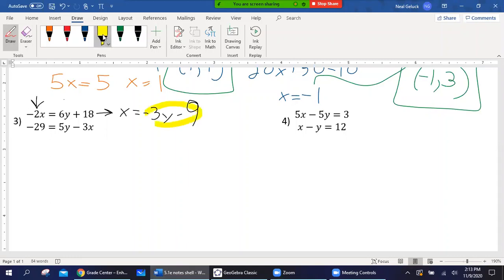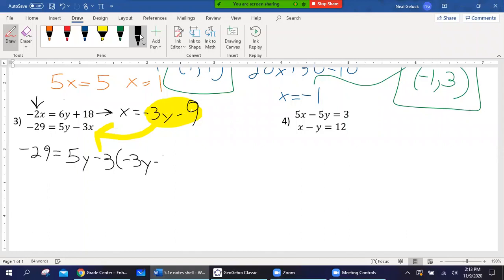So now I can take -3y minus 9 and replace x with that. I'd have 5y minus 3 times the quantity -3y minus 9. Be careful here. I'm distributing a -3, so that's going to be positive 9y plus 27.